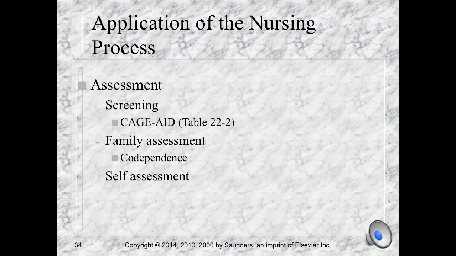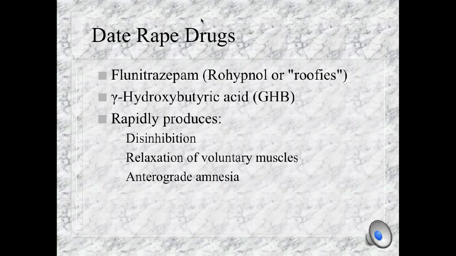So they might slip them a roofie, and next thing you know, they're waking up and they can't recall what really happened because they're almost partially paralyzed, disinhibited. They remember bits and pieces of it, but not 100%. And this is why anterograde amnesia is there.